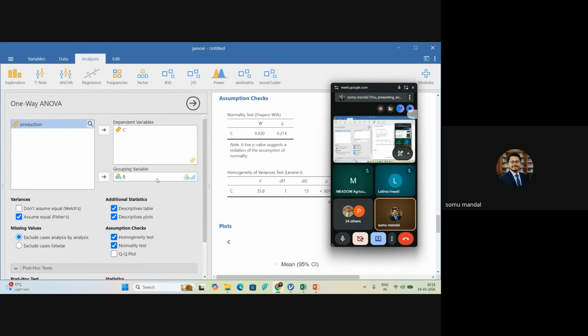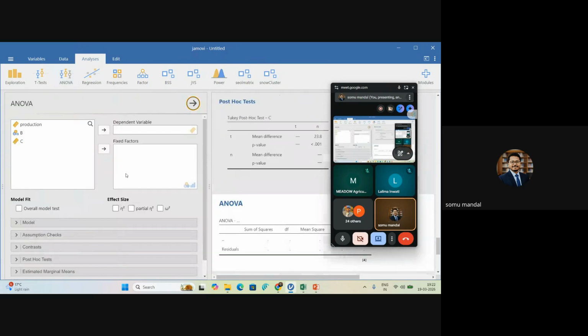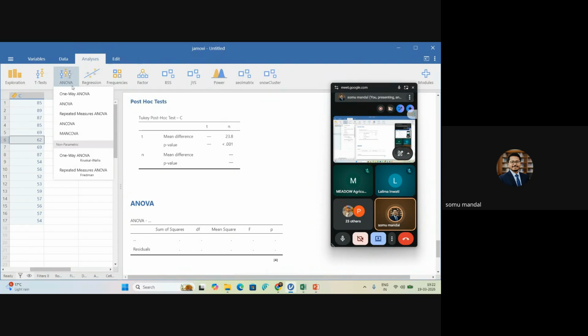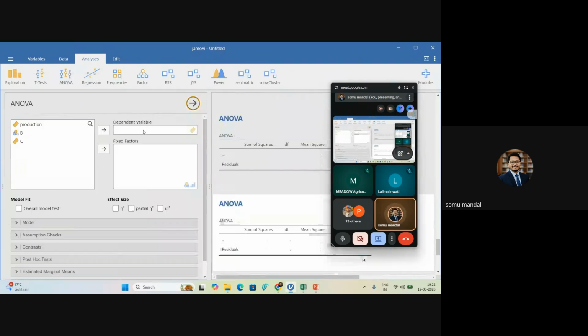Okay. There is another test called the ANOVA. Suppose we use the fertilizer. Look at the data set. First you look here, ANOVA. Dependent variable. You only consider one dependent variable here, and there are fixed factors, meaning different kinds of independent variables.